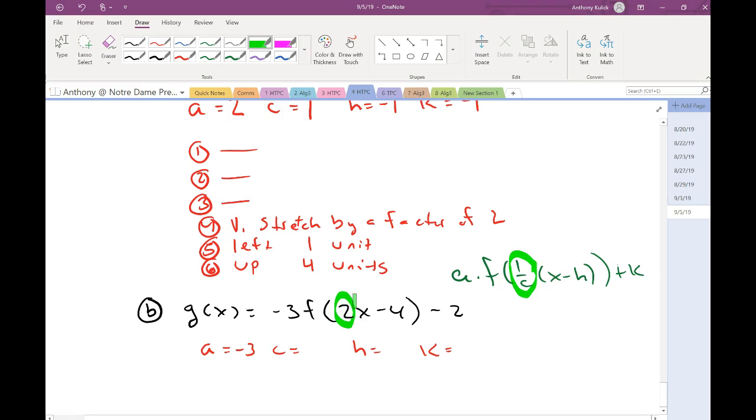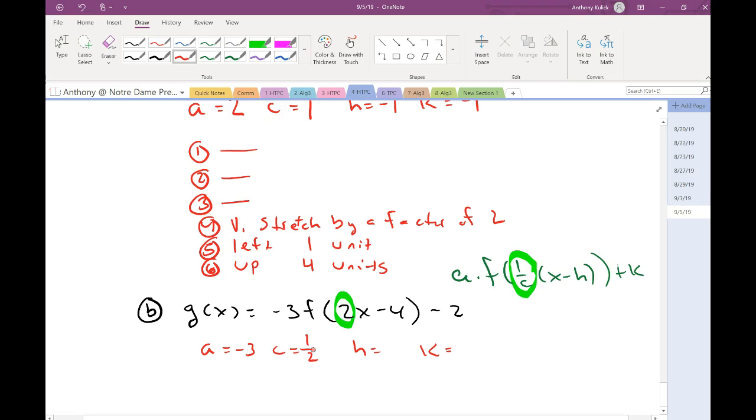So that 2 is 1 over c. So if I take the reciprocal, I'll get my value for just c. C is 1/2. So in general, c is going to be the reciprocal of that coefficient on x. Is everybody okay with that idea?